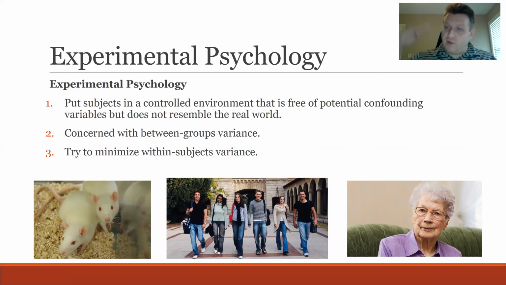And if there's more variance within our conditions, then it's going to be more difficult for us to see a statistically significant difference between our two groups. So as experimentalists, sometimes we try to eliminate or minimize these within group differences as much as possible because we are more likely to find a statistically significant effect.